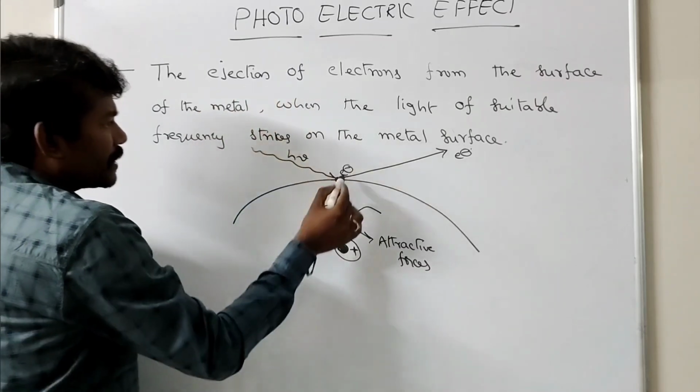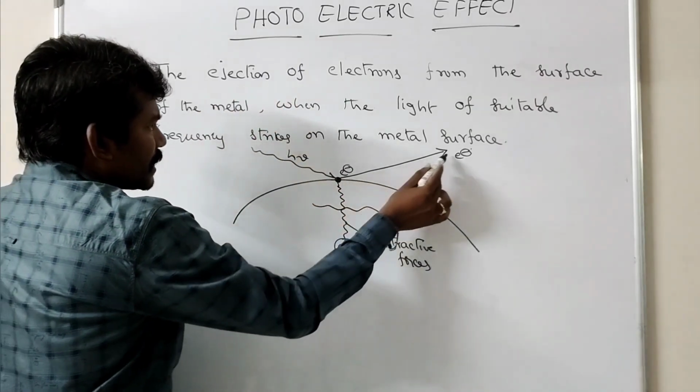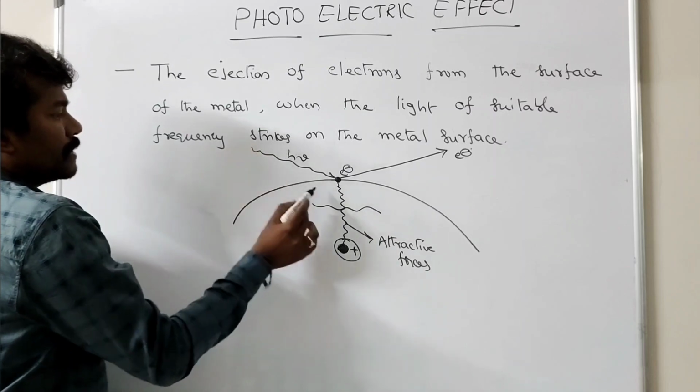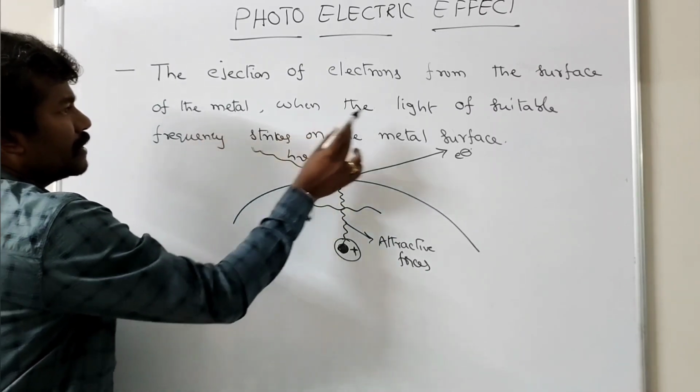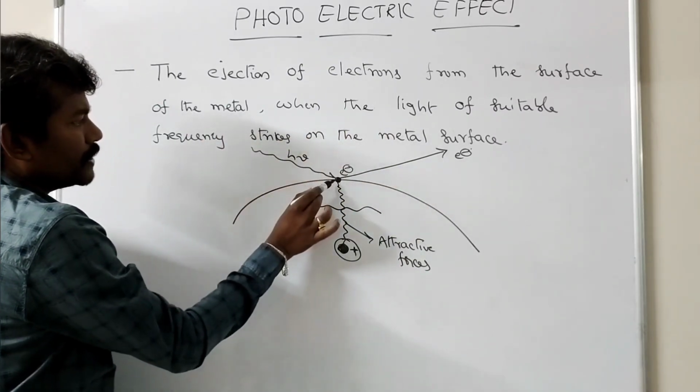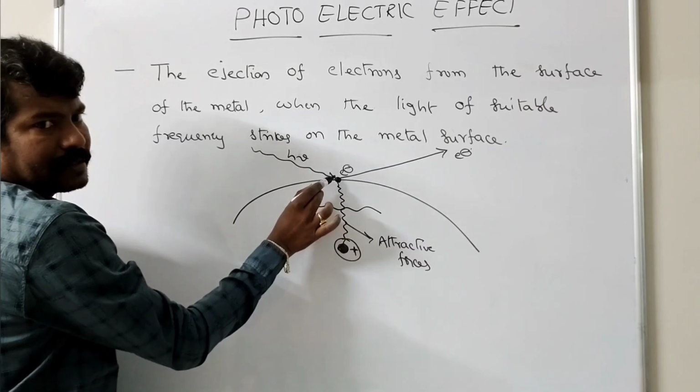So the ejection of electron takes place like this from the surface of the metal when the light of suitable frequency strikes on the metal.